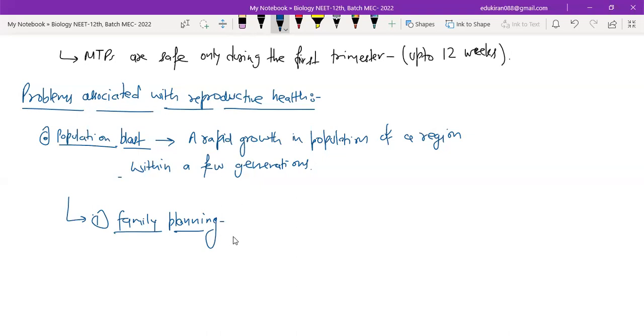Not sure, sir. One thing is, if there is a proper gap between the birth of two kids, the mother's body will get enough time to recover, because giving birth is a very toll taking process on the mother's body, right? Remember I told you in the last class that a developing embryo is like a parasite inside the mother's body, which keeps feeding on the mother for 9 months.